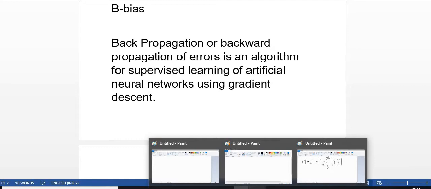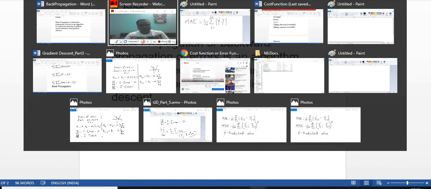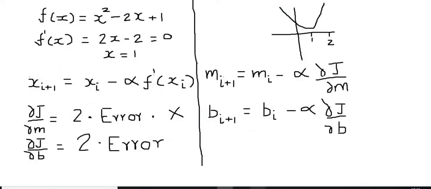In this algorithm, what you need to understand is that gradient descent is an iterative optimization algorithm.